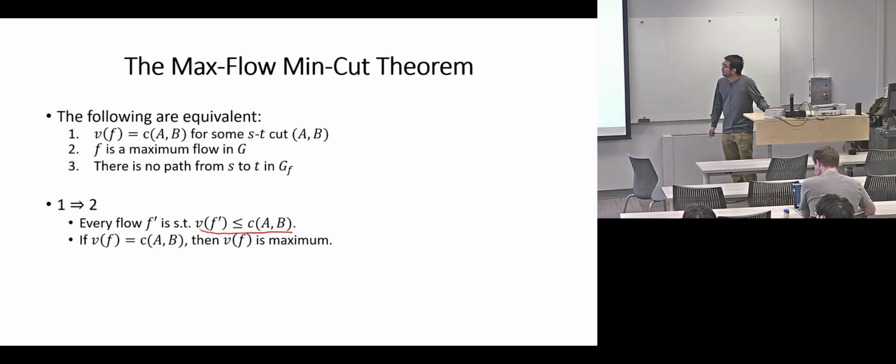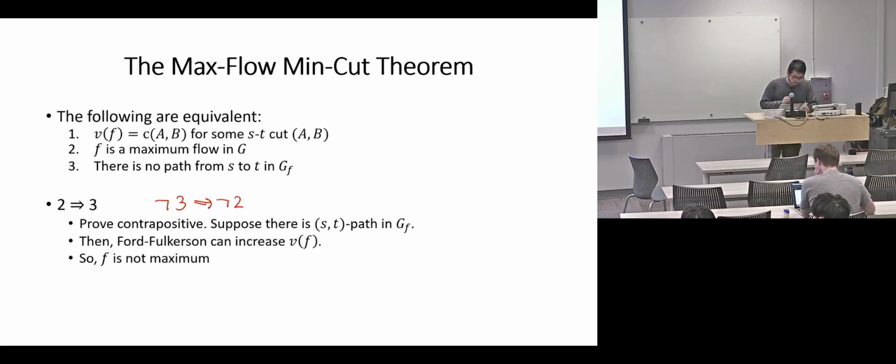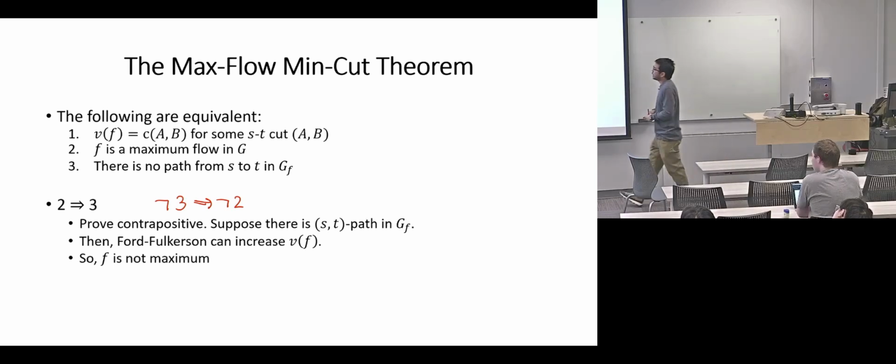Next, from 2 to 3, we're going to prove the contrapositive: not 3 implies not 2. Suppose not 3, that is, suppose there is a path from S to T in the residual graph.